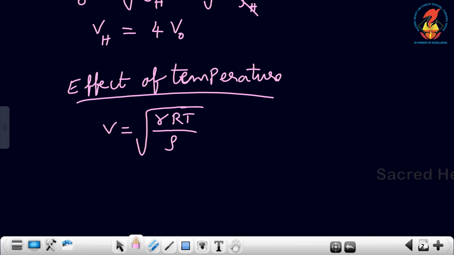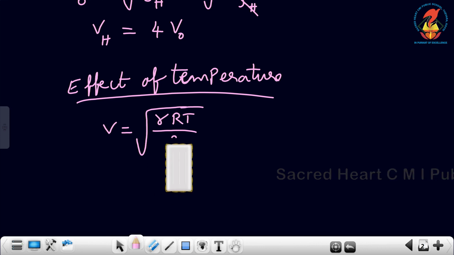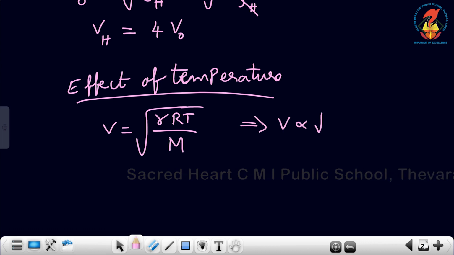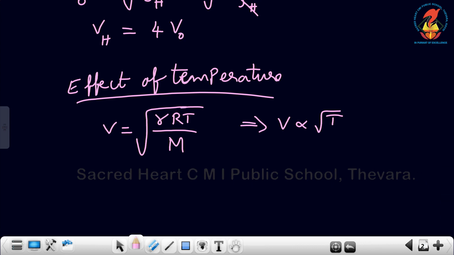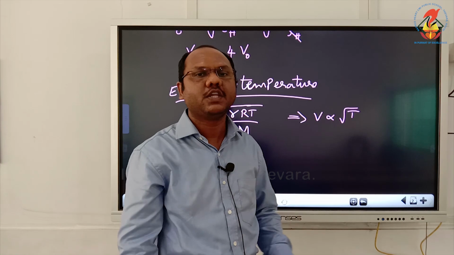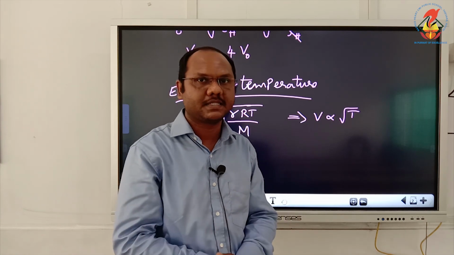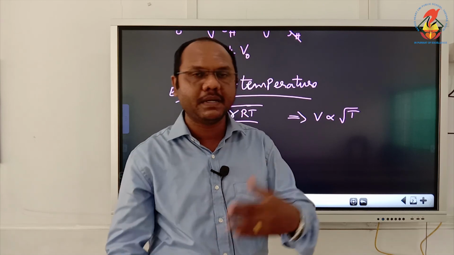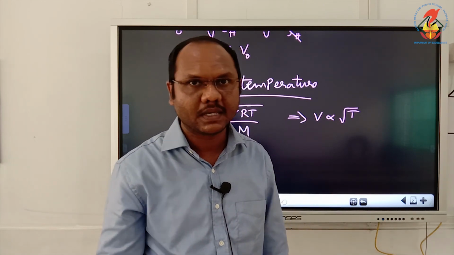This is the relation between temperature and velocity. So from here, V proportional to root T. That means when temperature increases, velocity of sound also increases. So these are the factors on which the velocity of sound depends when it travels through gas.